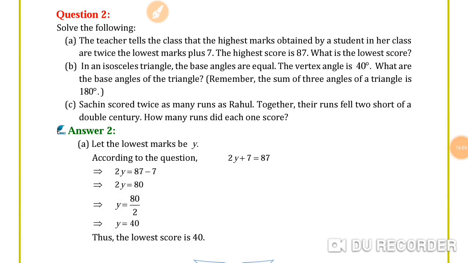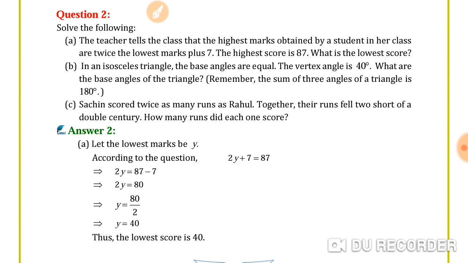Solve the following. The teacher tells the class that the highest marks obtained by a student in her class are twice the lowest marks plus 7. So this was given in the example before, but one step extra is given here. See, let the lowest marks be y.